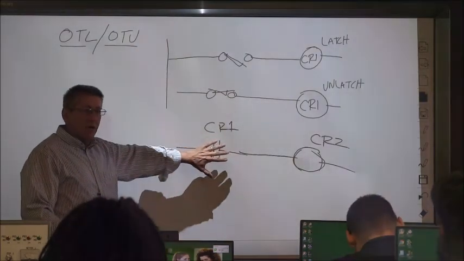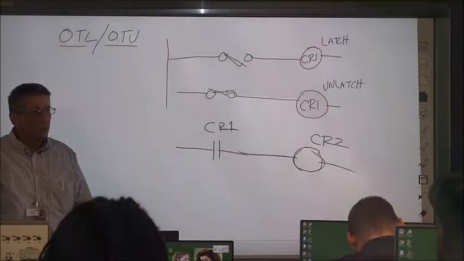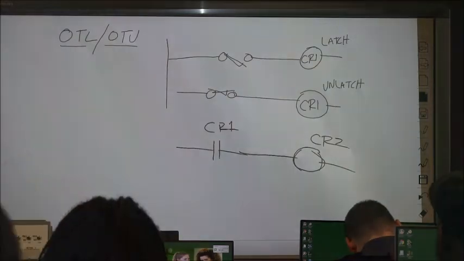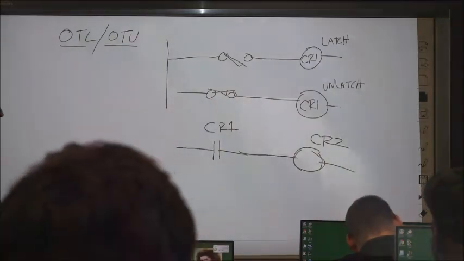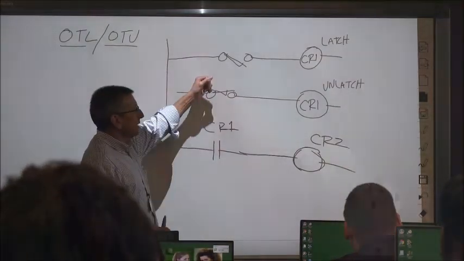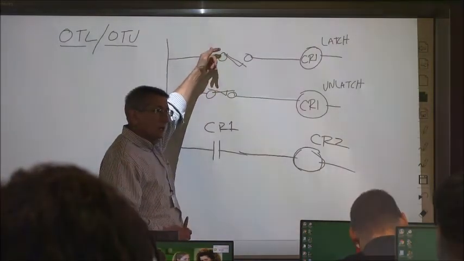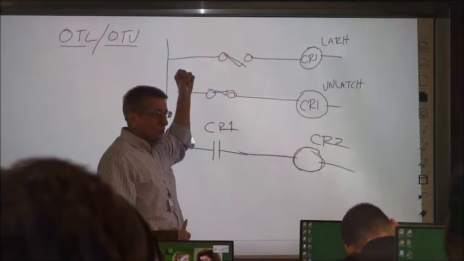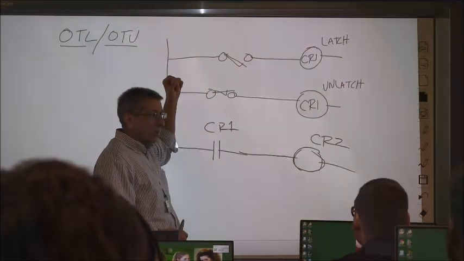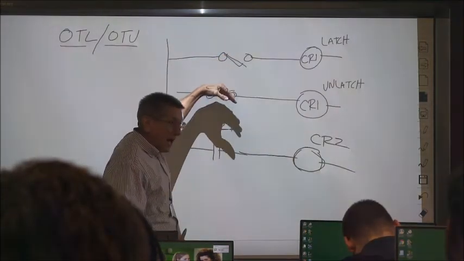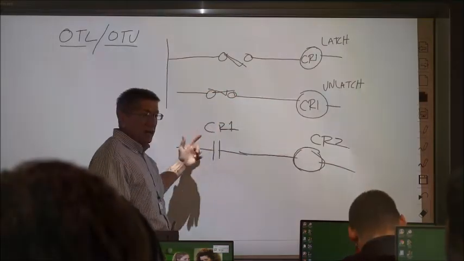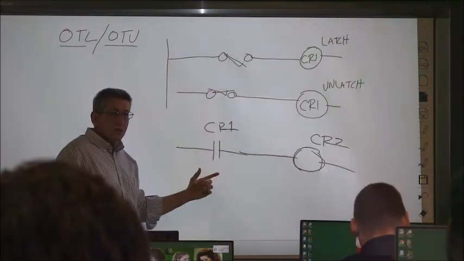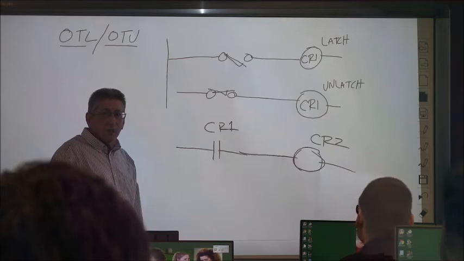It's just like energizing a relay. Let's say the limit switch closes, we latch up. It just has to close for a split second to latch this coil up, and then it can drop out again.